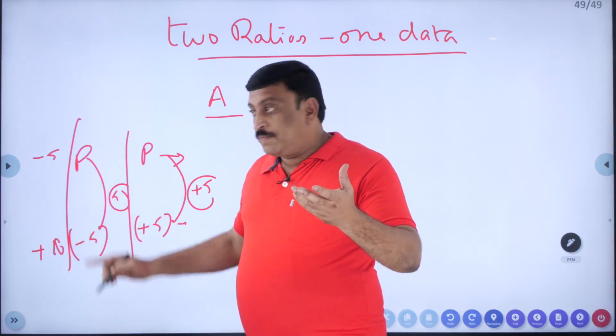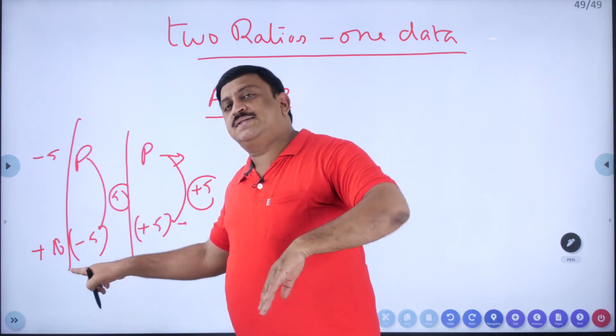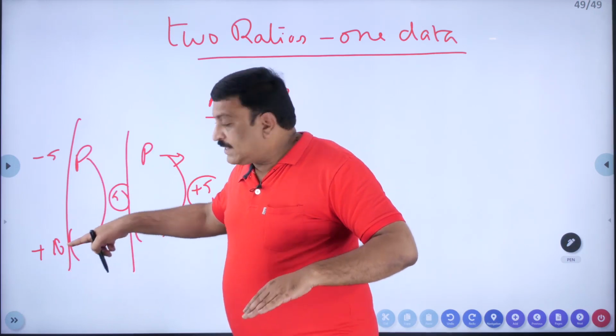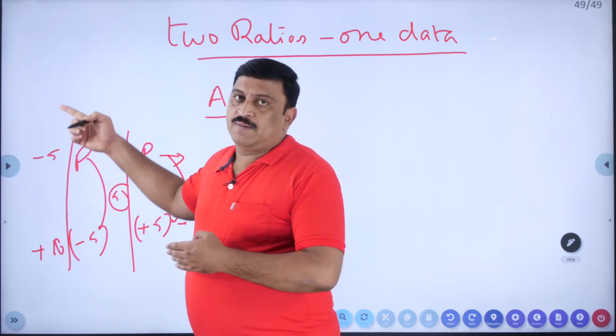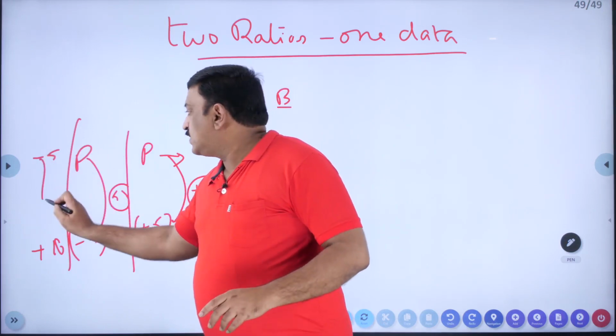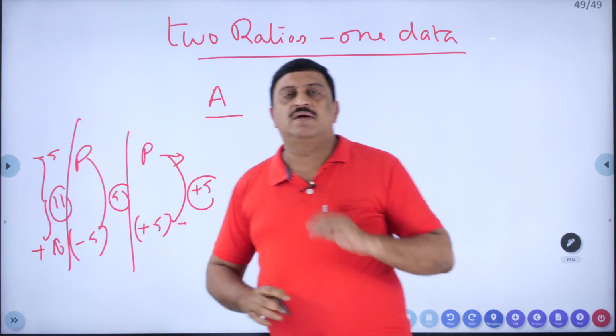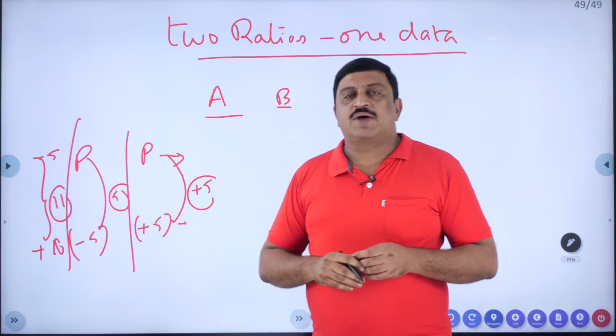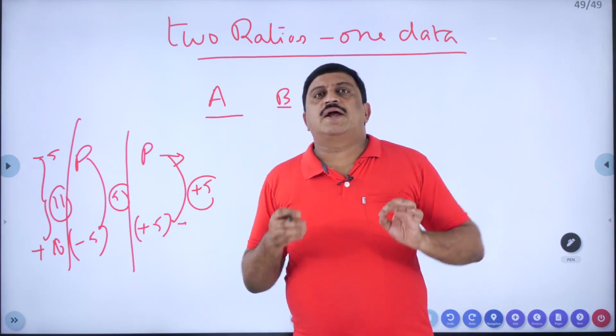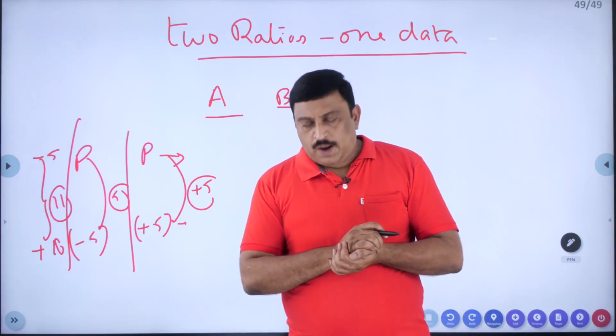It is 5 plus 6, or 6 minus of minus 5, which means 11 years difference. This is the data. Indirectly or directly they must have given the data, and with the data we have to work.